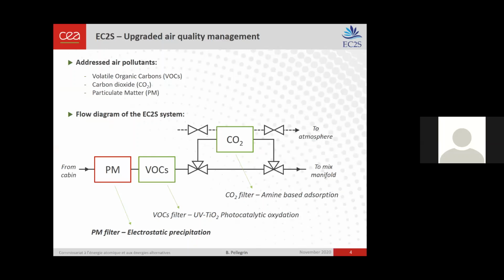Then the VOCs, which is handled by photocatalytic oxidation. And lastly, the CO2 removal, which is carried out by amine-based adsorption. A bypass is implemented for the CO2 filter in order to regenerate it periodically.